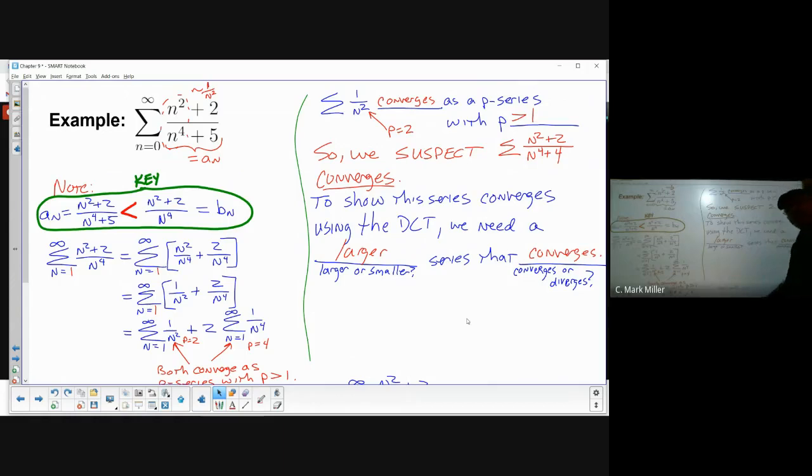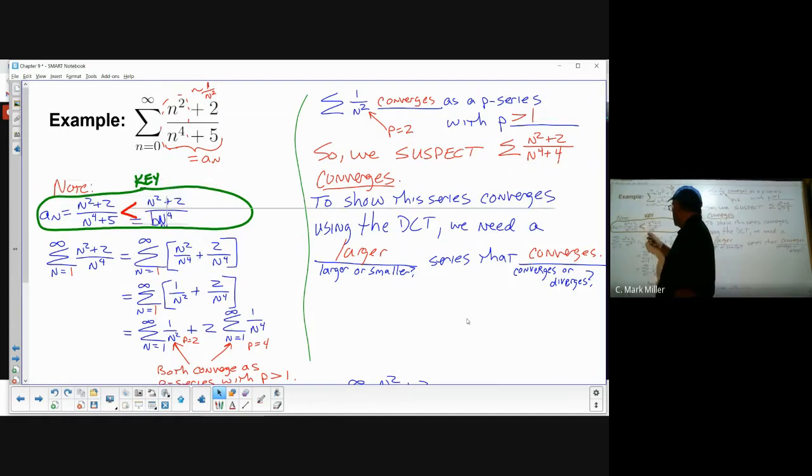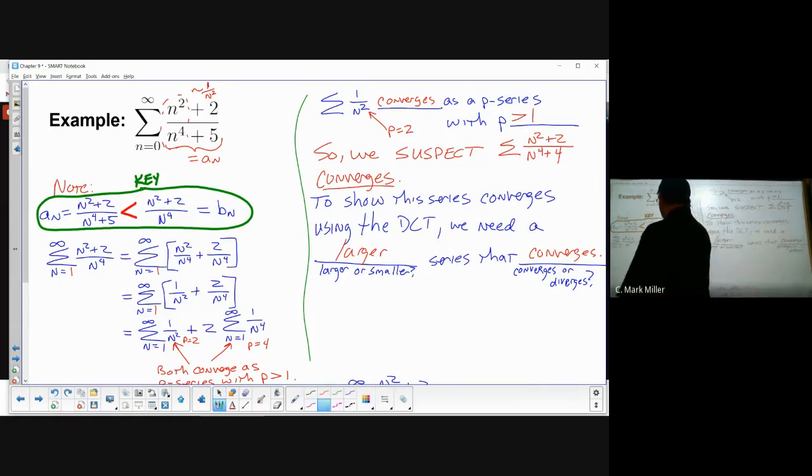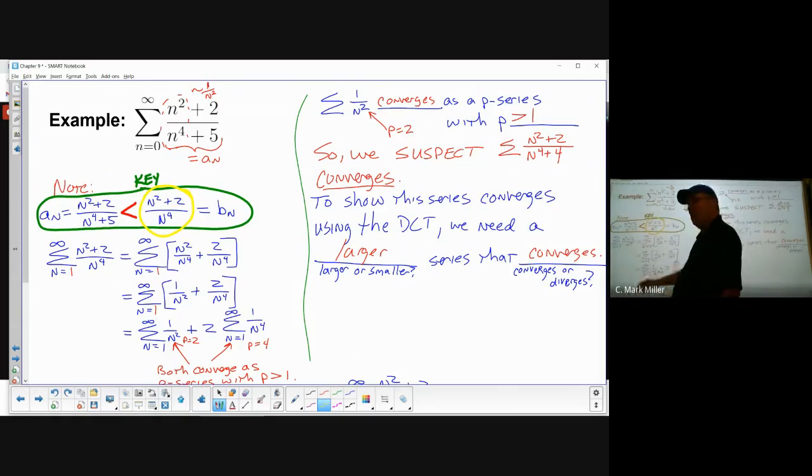So now I need to find a slightly larger series that converges in order to use the direct comparison test. And so we came up with this guy right here, by dropping the 5 in the bottom.